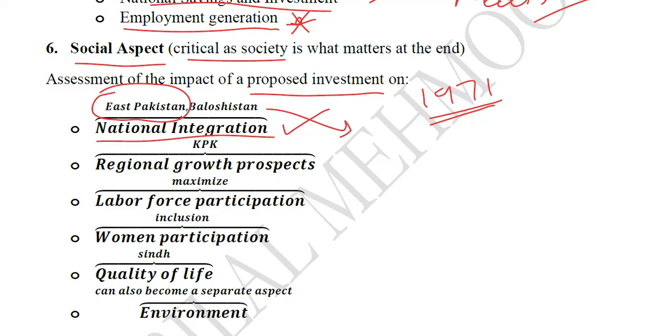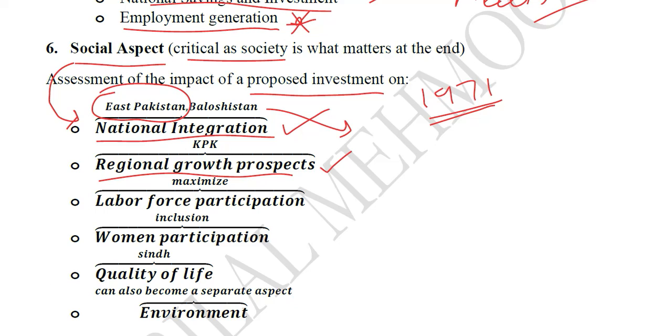So, national integration can be affected if the projects are based on a certain province and not the other provinces. So, there has to be some equity in the allocation of the resources to the projects in various areas. The regional growth prospects are to be considered, how they are growing, and how others are left behind.